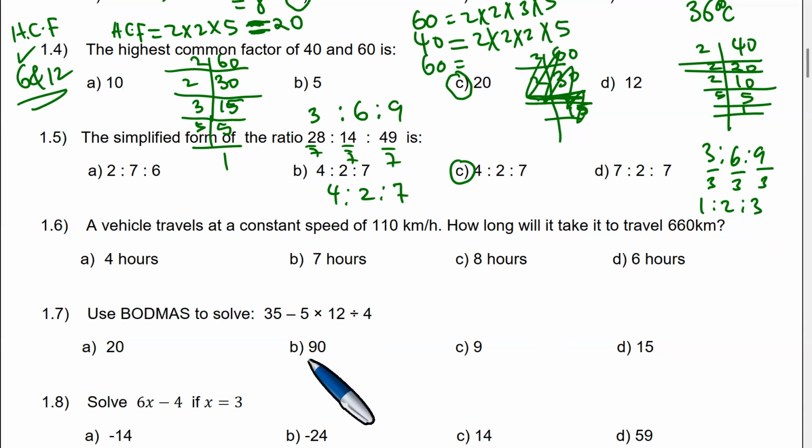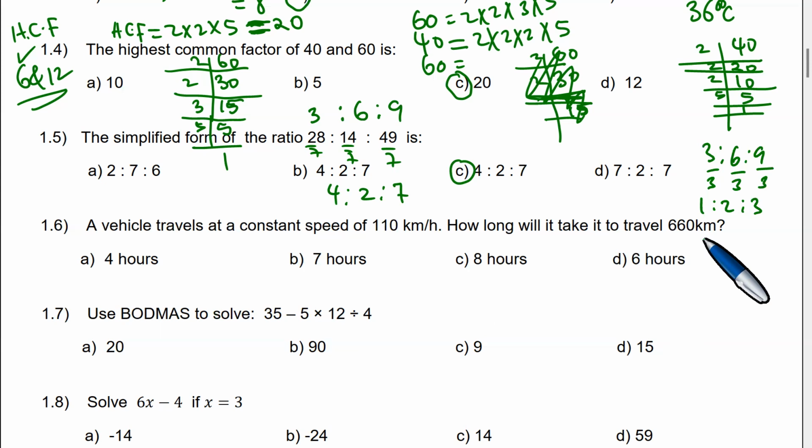1.6. A vehicle travels at a speed of 110 kilometers per hour. How long will it take to travel 660 kilometers? What's the answer? Let's see. So 6 hours. How do you know?